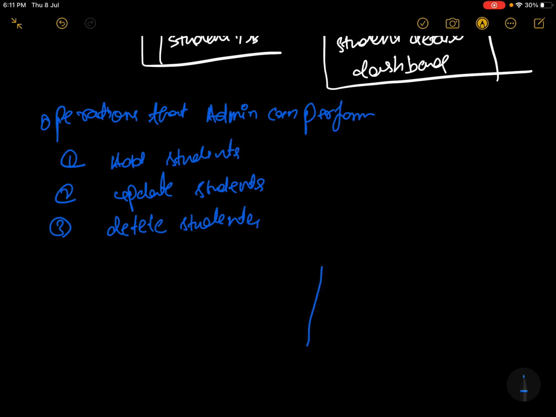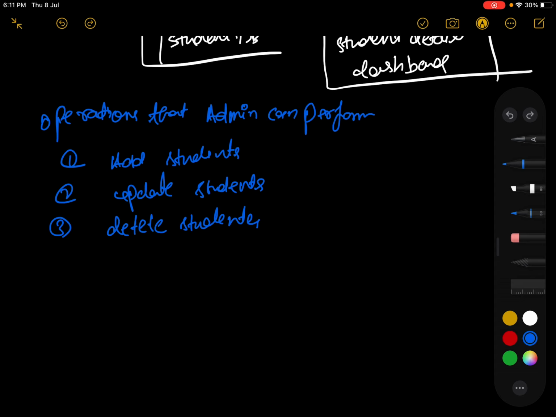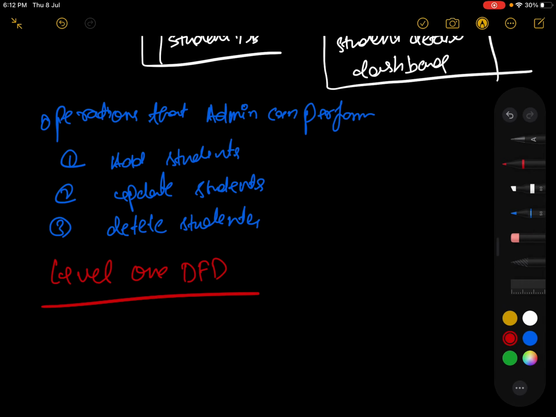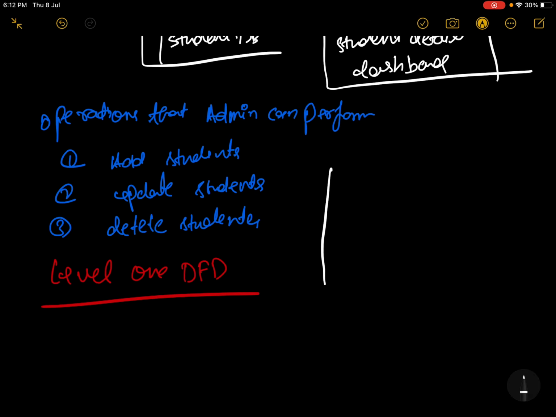So now the second DFD. Basically, what is the second DFD? Level 1 DFD. In level 1 DFD, we show all the processes that the admin can perform, and for denoting processes we use oval shape.